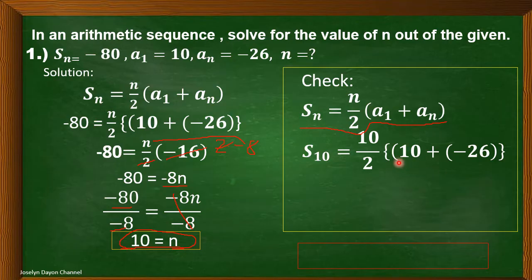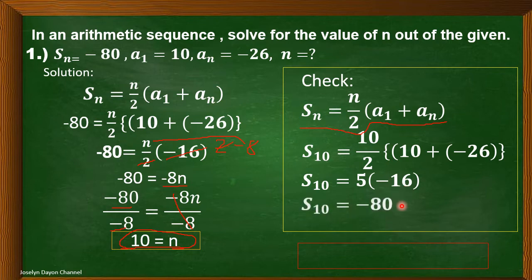Simplify further. So we have 10 divided by 2, the answer is 5. 10 plus negative 26, the answer is negative 16. Now we have to multiply 5 times negative 16, and the answer is negative 80.